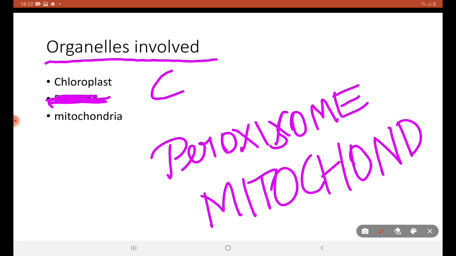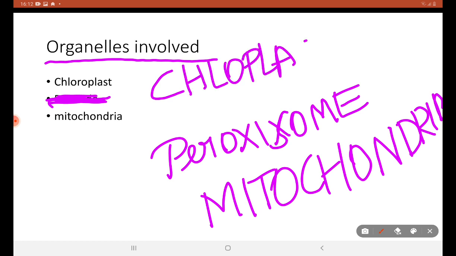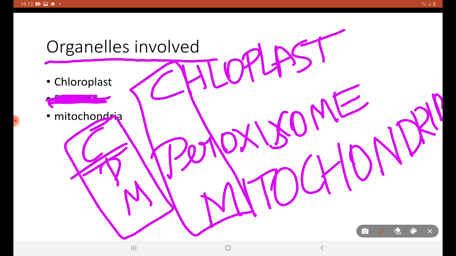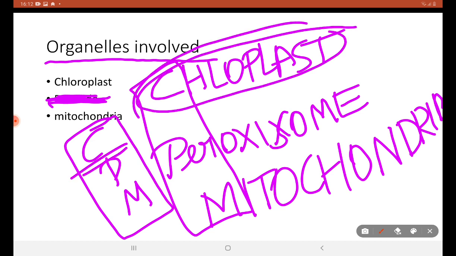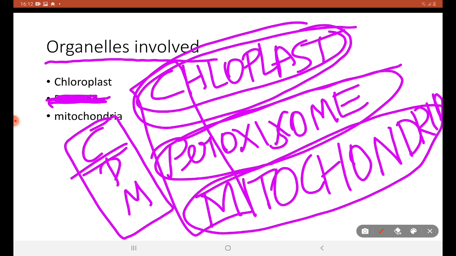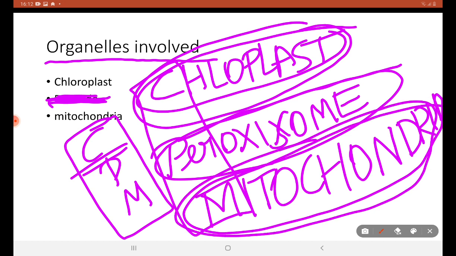These are the three organelles involved in photorespiration: chloroplast, peroxisome and mitochondria, in order. CPM: chloroplast, peroxisome and mitochondria. Chloroplast is a double-walled membrane organelle, peroxisome is a single-bound organelle, and mitochondria is a double-bound organelle.